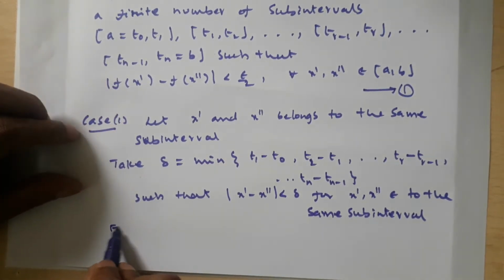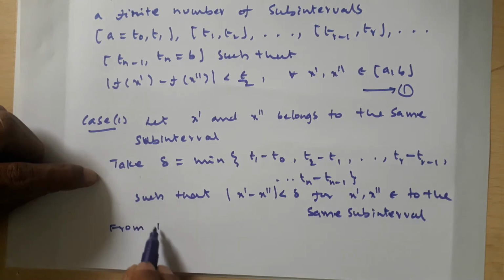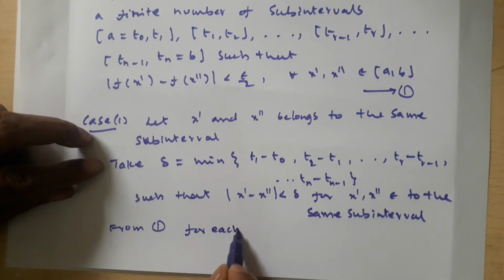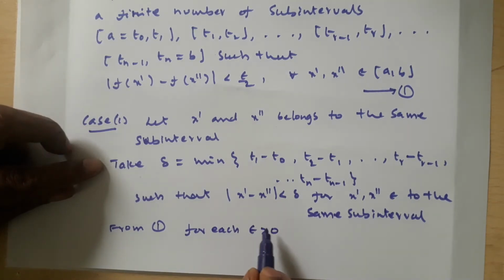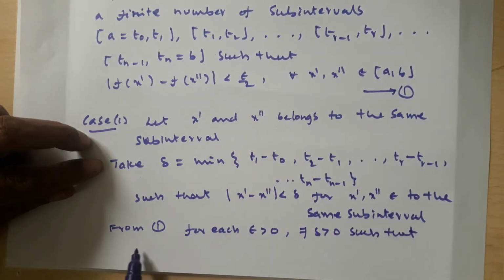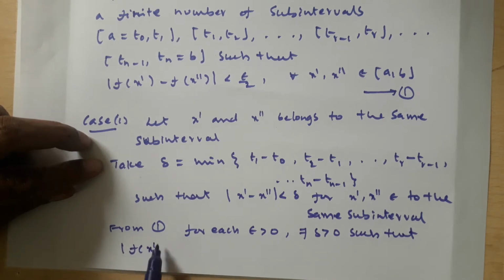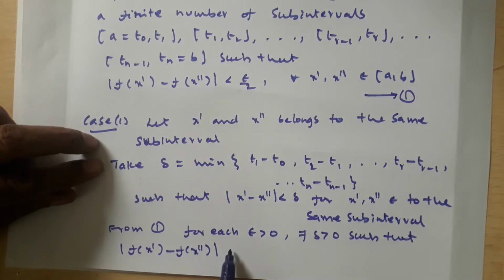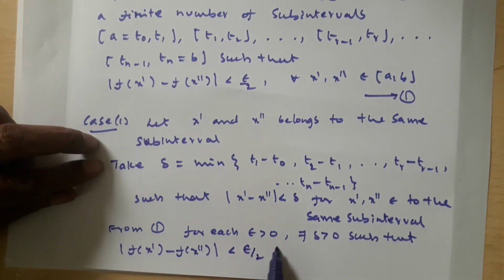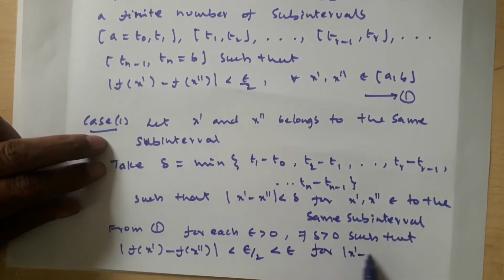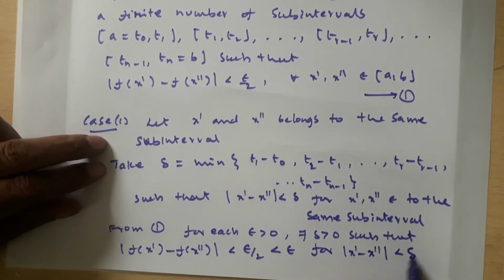Next, from 1, for each epsilon greater than 0, there exists delta greater than 0 such that mod f of x dash minus f of x double dash is less than epsilon by 2, which is less than epsilon, for mod x dash minus x double dash less than delta.